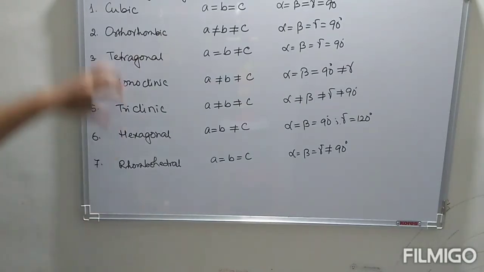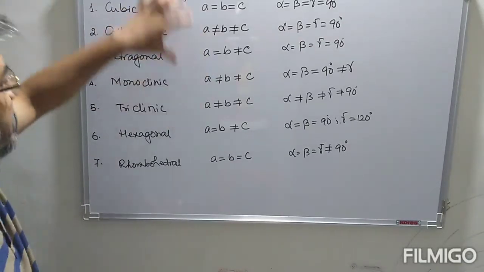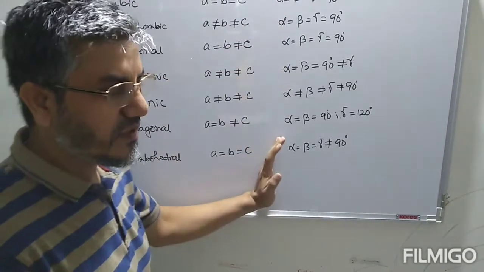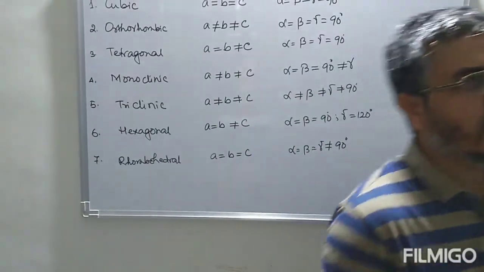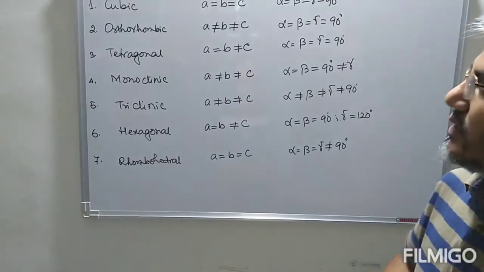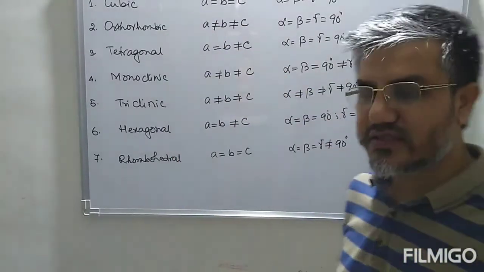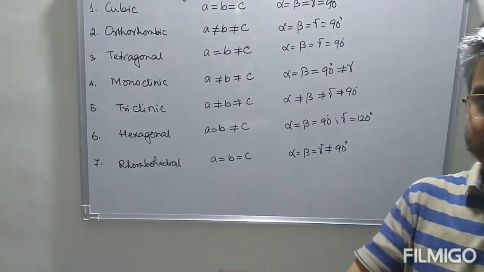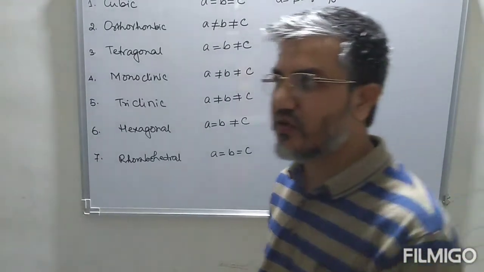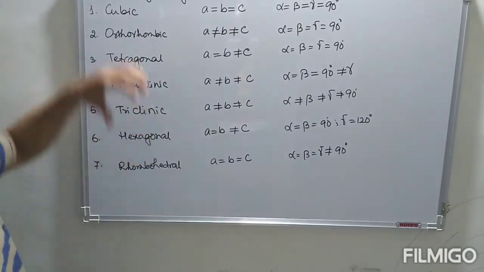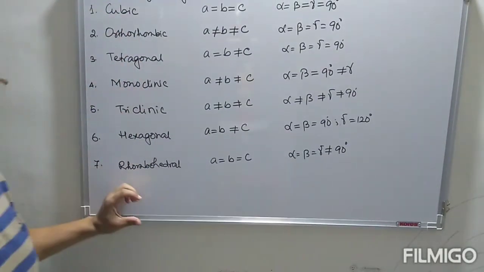So you should know the combination of these things, the edge lengths as well as the angles between them. Now though we have 7 crystal systems, in these 7 crystal systems there are again 4 possible arrangements of lattice points.